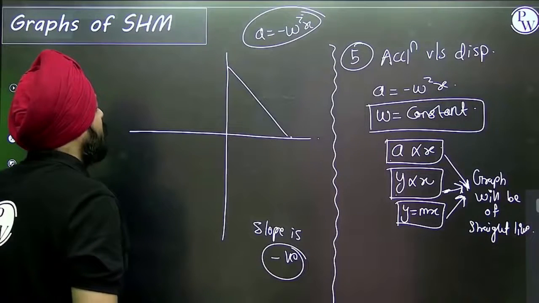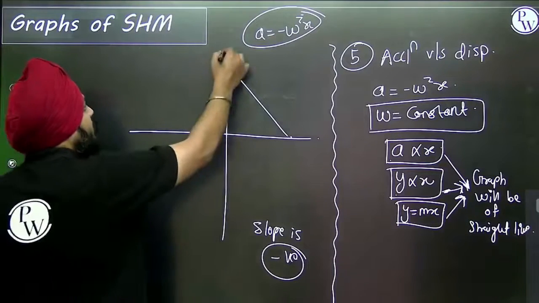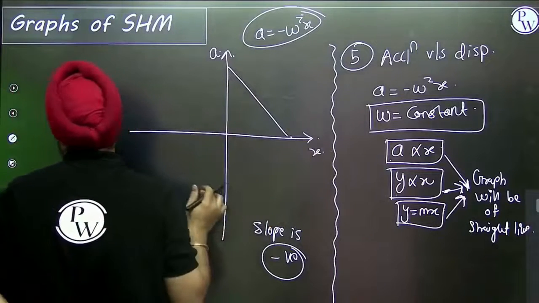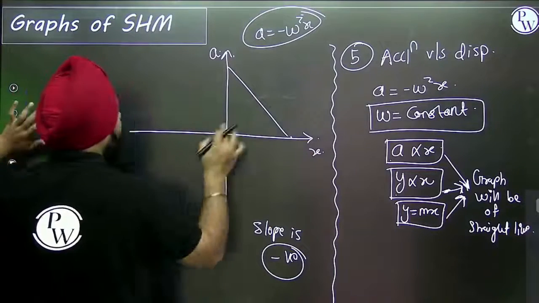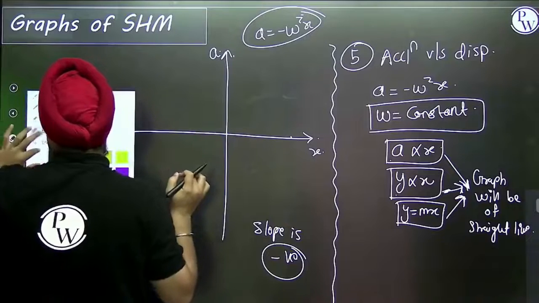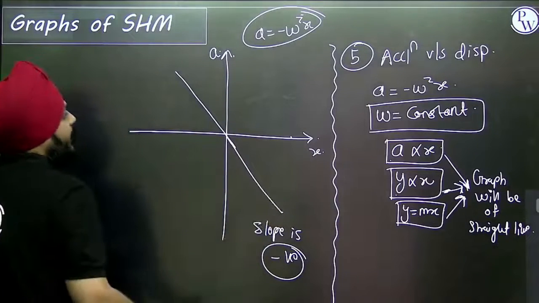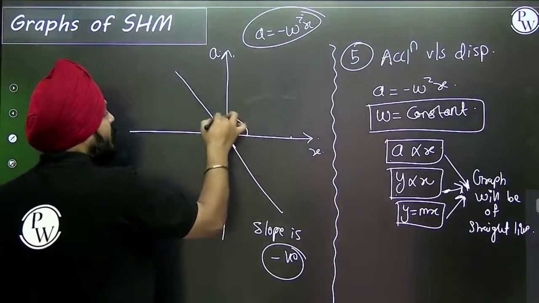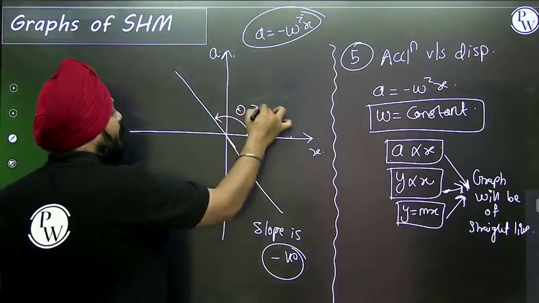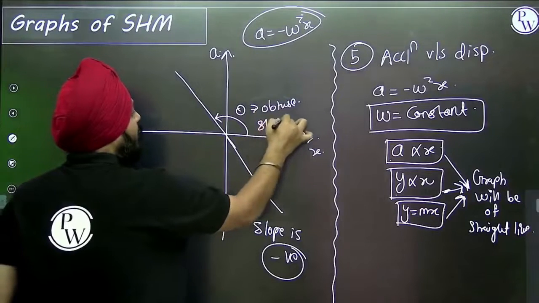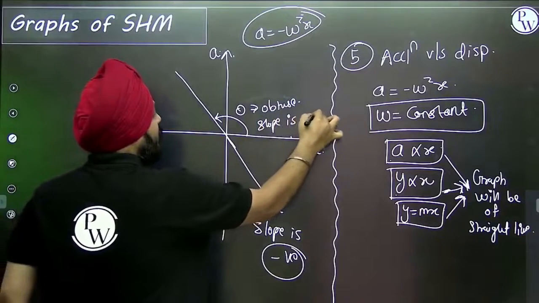Acceleration versus x, yes, the graph is like this way. This shows theta is obtuse, and the slope is negative.